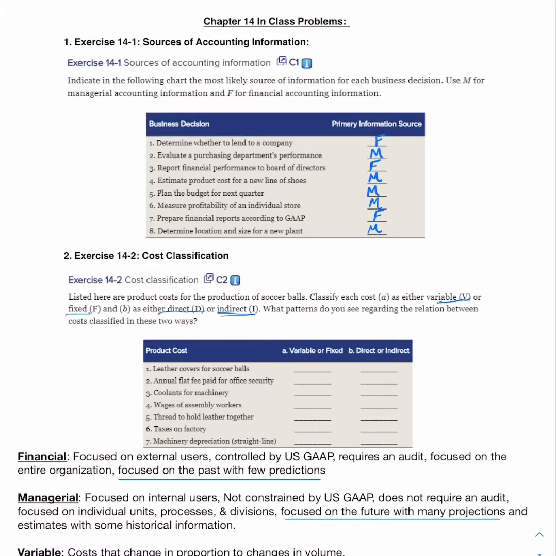Now the next item here talks about these indirect costs, and these indirect costs are costs that cannot be traced to an individual cost object easily and cost effectively. So this is where we realize that while we probably could figure out exactly how much that nail cost to put together this decking for a client, it might not make the most sense to do that because the time we're going to spend to figure out the cost of that batch of nails is probably worth more than figuring out exactly which nails we used.